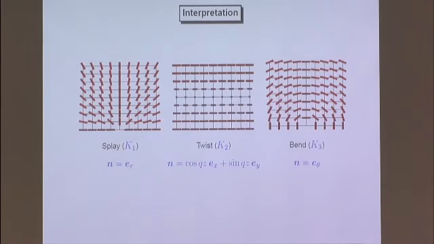If you construct a director field that is a splay type field, the field of a point source, just a director field emanating from the origin in a radial direction, then you will find that it has a 0 curl, so there is no contribution from the twist term or the bend term. It has a splay, which is like 1 over r, or 2 over r, depending on 2 or 3 dimensions. And so you just get a contribution from the K1 term.